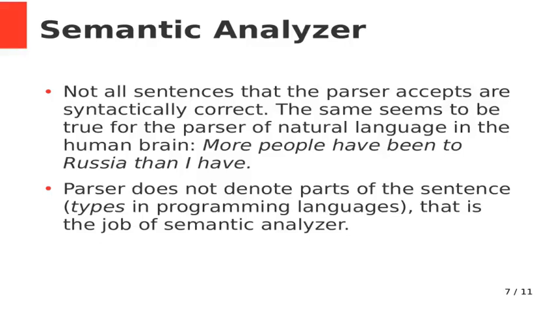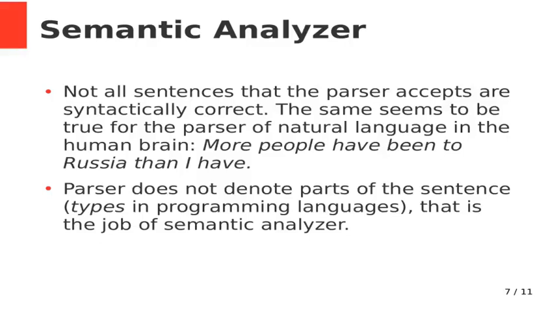And the same seems to be true for the parser of natural languages in the human brain. We know that because there are many so-called grammatical illusions in natural languages. That is, sentences which sound acceptable at first when we hear them, but when we try to analyze them to determine precise meanings, we see they are actually ungrammatical.